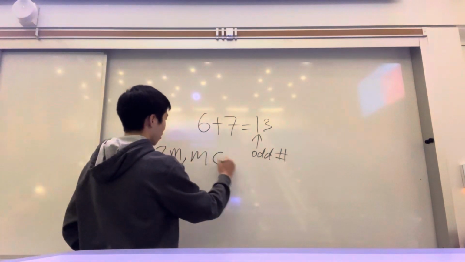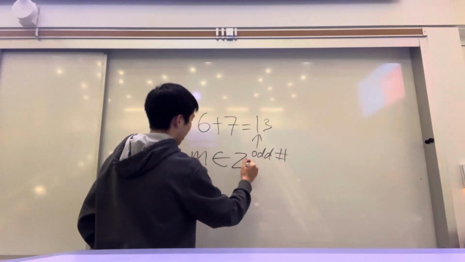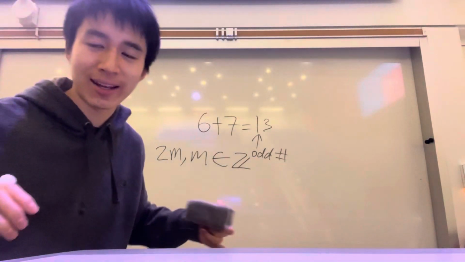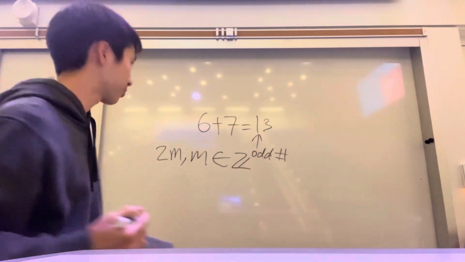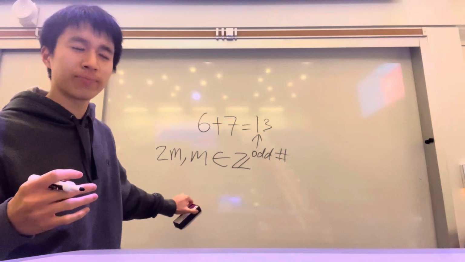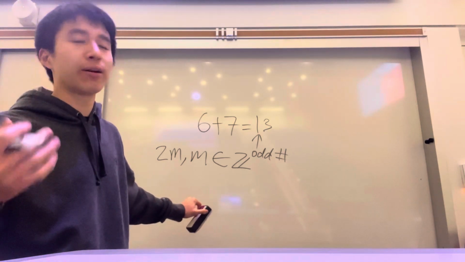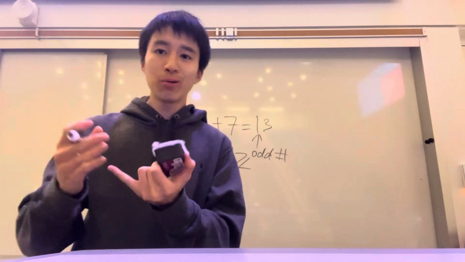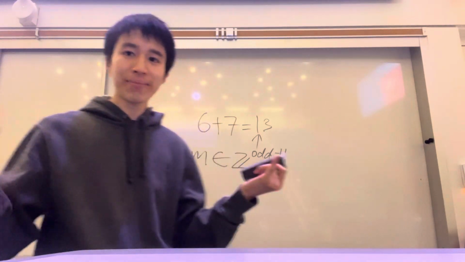In math we say that's Z, the set of integers. So what we're saying here is 2 times any integer will yield you an even number. And that makes sense because any number multiplied by 2 will be an even number.